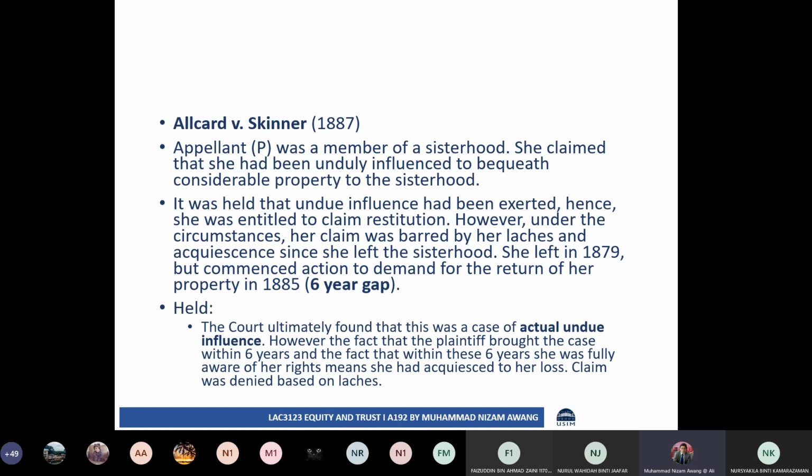However, she joined the sisterhood and was unduly influenced, so she left the sisterhood and came back again to claim her right, but it was too late for the court, because between 1879 and 1885 there was a 6-year gap. So the 6-year gap was considered not acceptable by the court in this case.